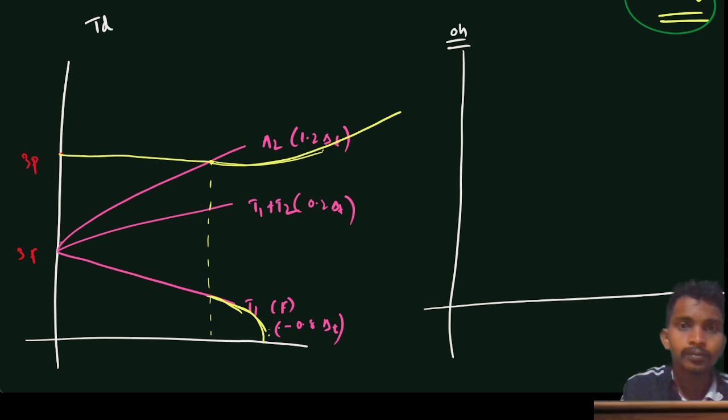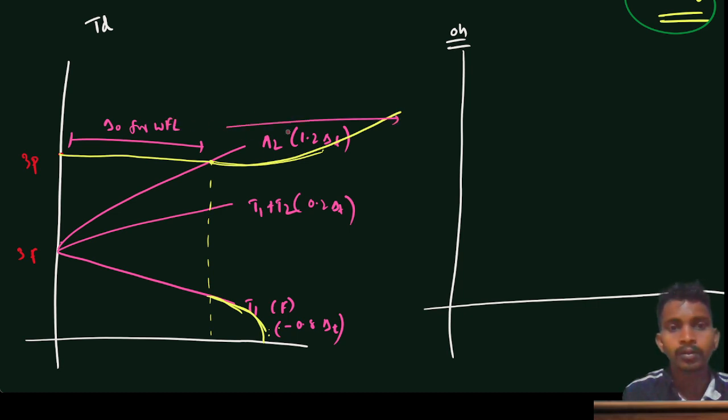Okay, since the crossover point has happened, from here to here we'll calculate delta T for weak field ligands, and here we will calculate delta T for strong field ligands.